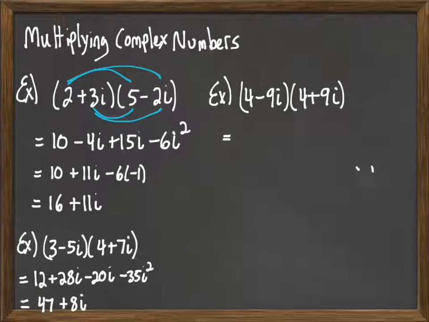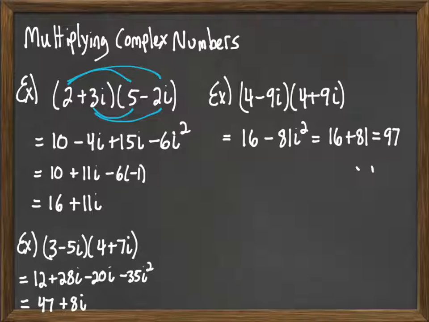So that would just be 4 squared is 16 minus 9i squared, or 81i squared. But i squared is equal to a negative 1. So that's going to be 16 plus 81 is equal to 97.